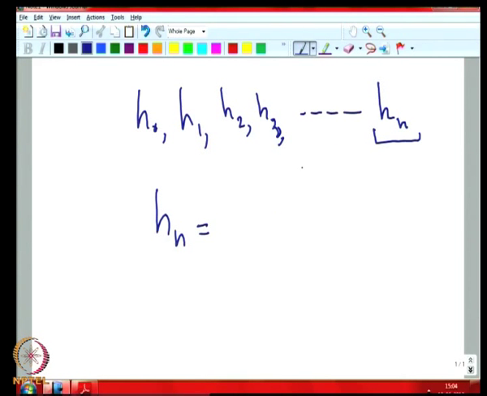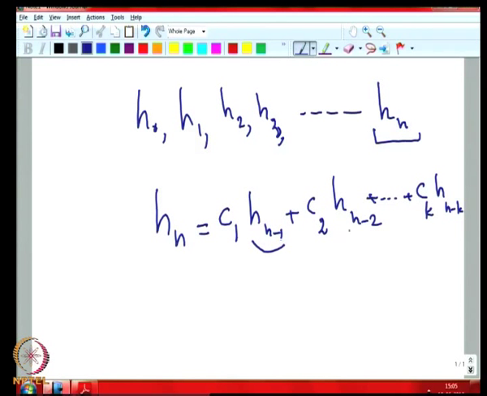At most k means you do not have to use all the k previous terms, but you should not go below k. So it is something like this: c1 times h n minus 1 plus c2 times h n minus 2, and like that, c k times h n minus k. So we are using h n minus 1, h n minus 2 up to h n minus k, combining them in some fashion to get the new term h n.